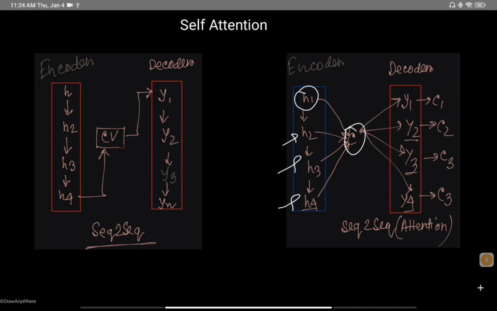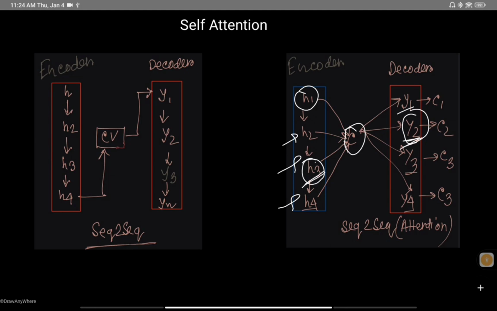For example, when we are translating from one language to another, if for y2 there is more emphasis on the hidden state associated with h3, then the attention score will be higher for this h3 for y2, right?